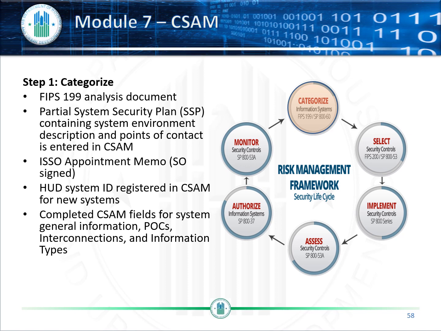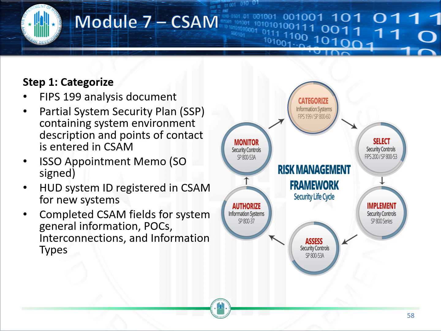In step 1 of the RMF, the system owner is responsible for completion of the following security categorization tasks in the initiation phase of the system lifecycle. The list on the slide identifies key activities and documents that are required to be uploaded to CSAM.